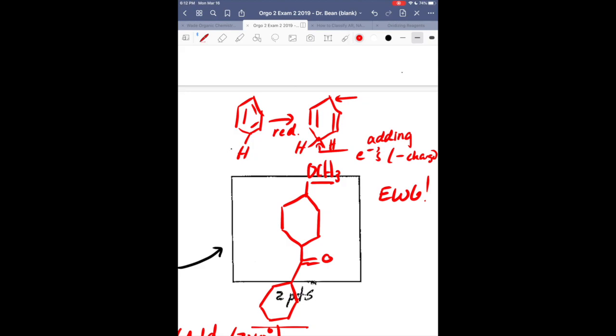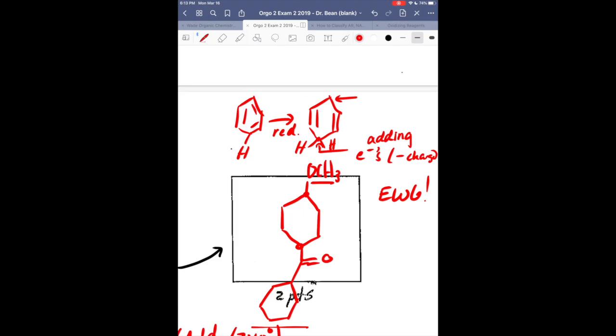So that is going to be our highest priority, and we're going to praise that, and that's going to be the carbon. Ignore the rest. I mean, you have a donating group. That's unfortunate, that we're going to have to reduce the one with the electron donating group. But what we care about the most is the electron withdrawing group.